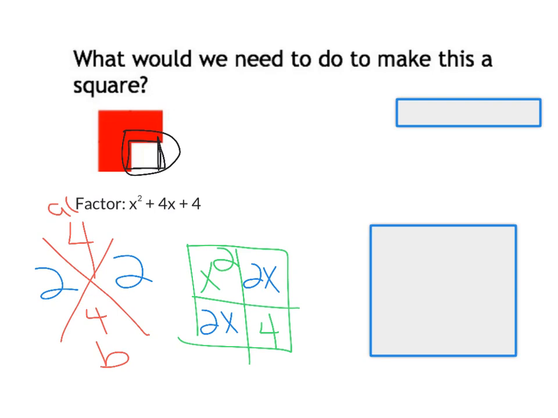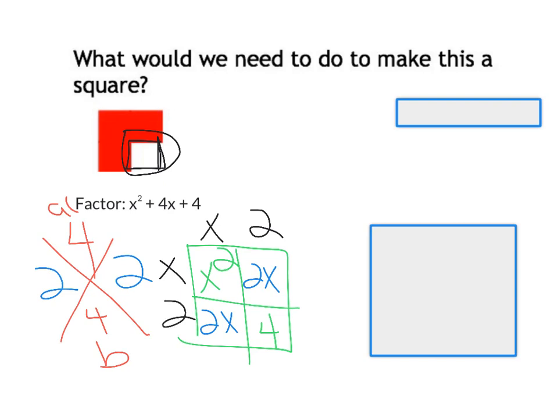Now I'd look for my greatest common factor amongst each vertical and horizontal pair of numbers. Between x squared and 2x, the greatest common factor is x. Between 2x and 4, the greatest common factor is 2. Between x squared and 2x, again, the greatest common factor is x, and between 2x and 4 is 2.